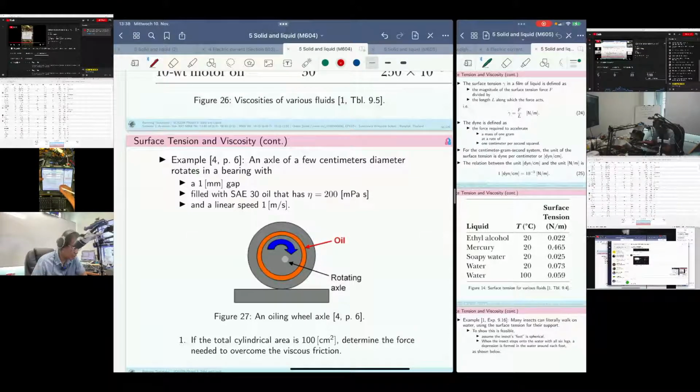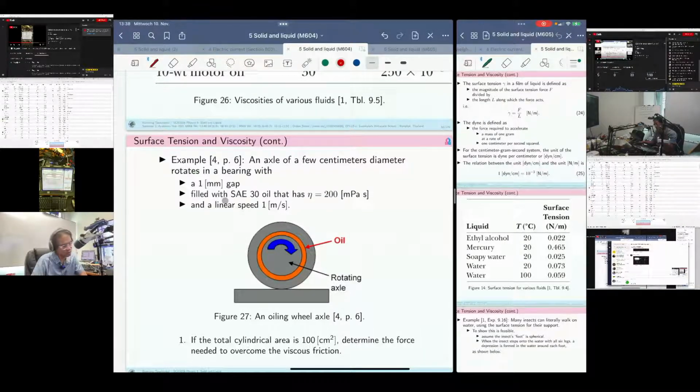Assume that the gap, which is the depth of the yellow area here, is 1 millimeter. It's filled with SAE.